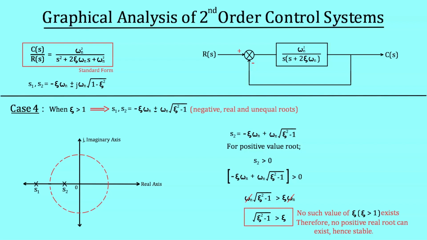After solving this inequality, you will come up with the final expression: under root of zeta square minus 1 should be greater than zeta for the system to have a positive real root. But this is not possible. There is no such value of zeta greater than 1 for which this expression will hold true. That's why the poles in the fourth case also are stable.